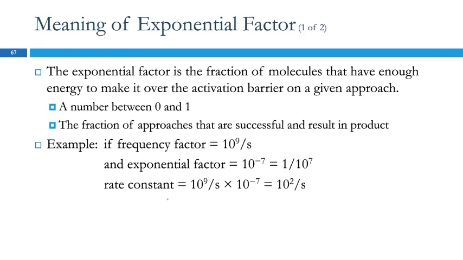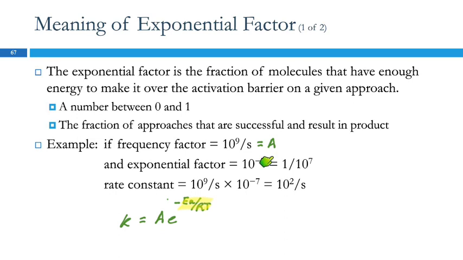So the frequency factor is the A term in the Arrhenius equation, where the rate constant is equal to that frequency factor times e to the negative Ea over RT. And this guy right here is the fraction that they're talking about.